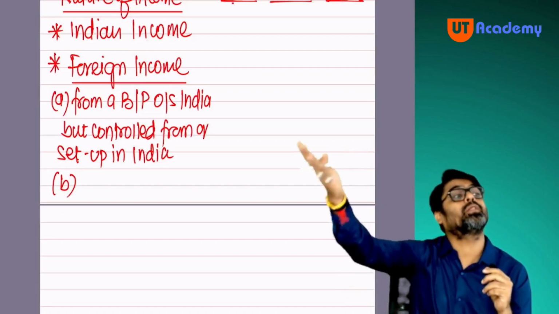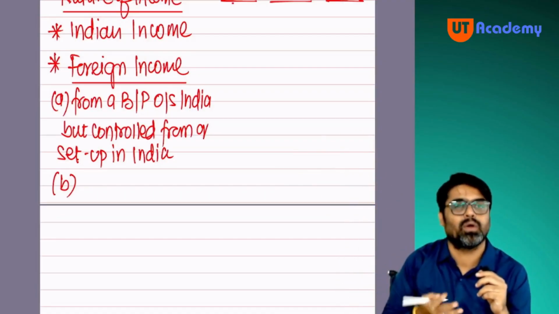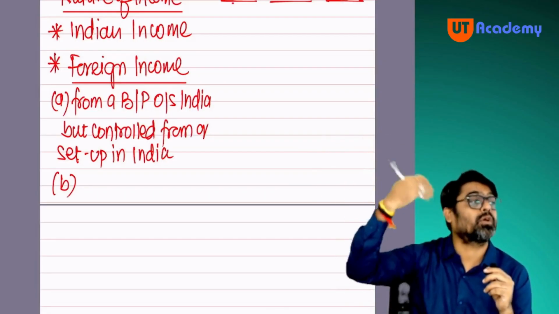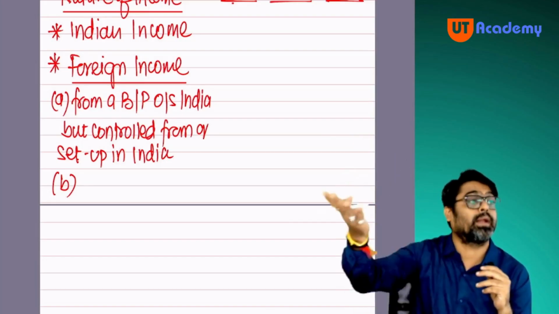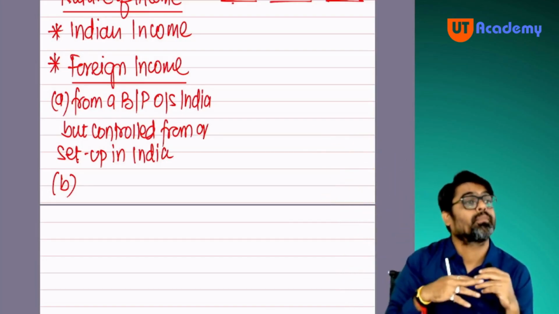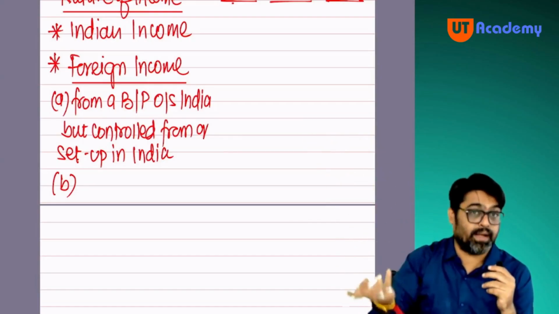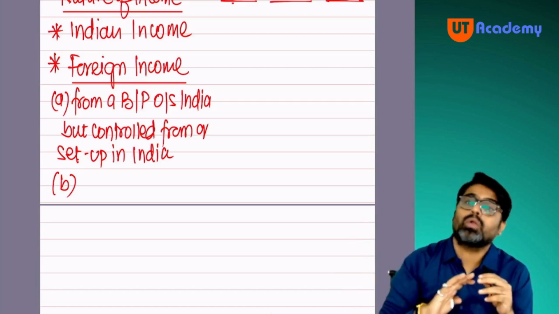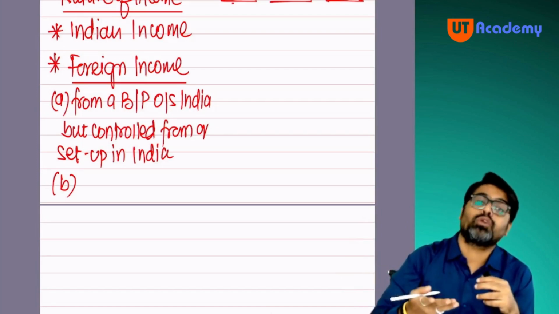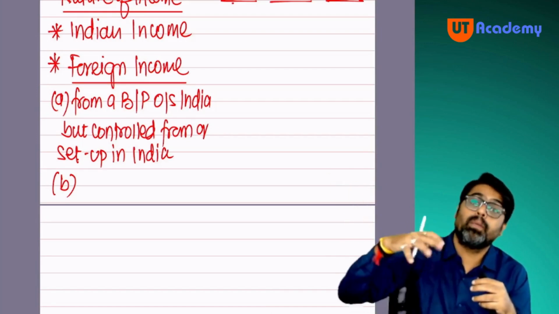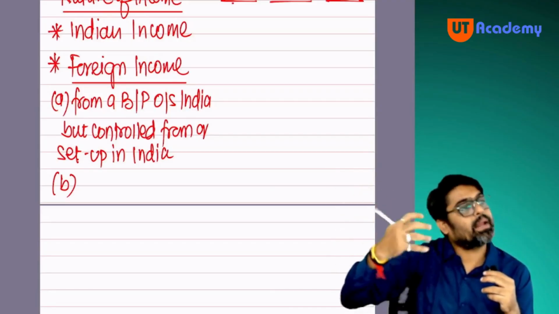What if any other source of income is there? It is not necessary that abroad I will have only a business or a profession. Abroad I can have a property also, or a bank account from which I might be earning income. So the source of income outside India need not always be a business or a profession; it can be any other source also.